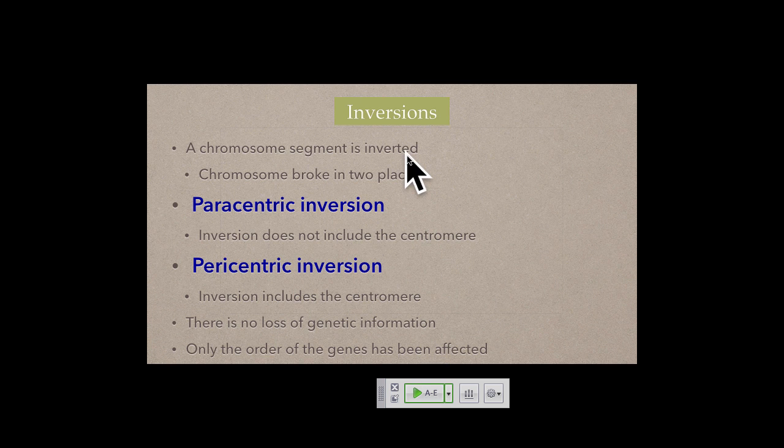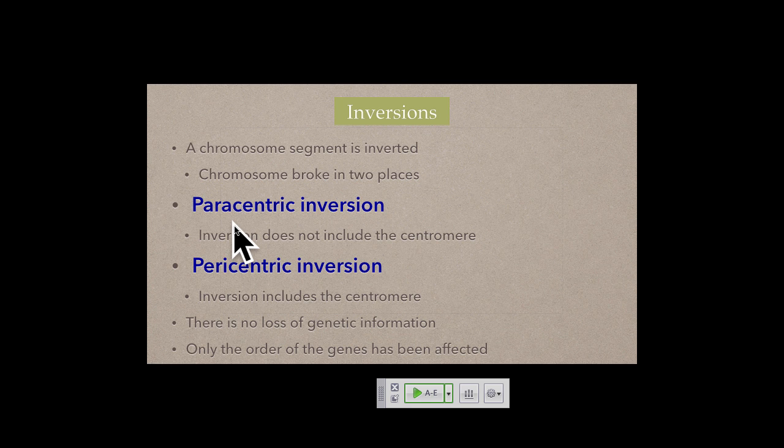And to make this complicated, we have paracentric and pericentric inversions. All this means is, if the break occurs on opposite sides of the centromere, so the centromere is part of the inversion, then it's a pericentric inversion. If it's anywhere else and doesn't involve the centromere, then it's paracentric.